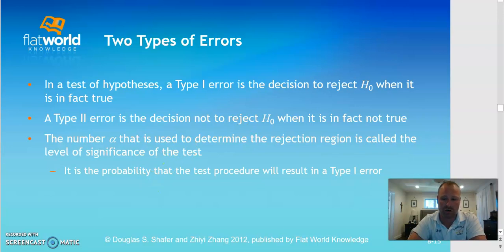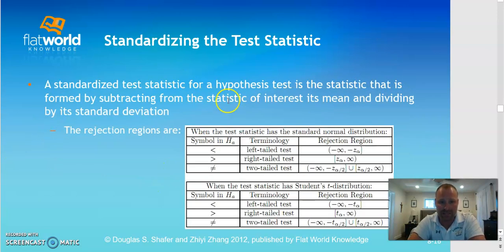So this is the chart that I was referring to here. A standardized test statistic for a hypothesis test is the statistic that is formed by subtracting from the statistic of interest its mean and dividing by its standard deviation, okay? So this represents when the test statistic has the standard normal distribution, we would have here our alternative hypothesis, terminology, right?